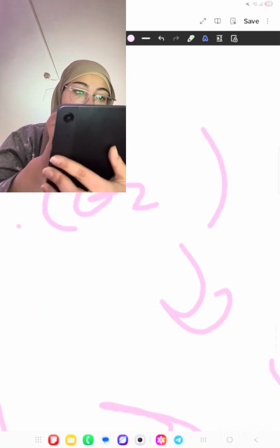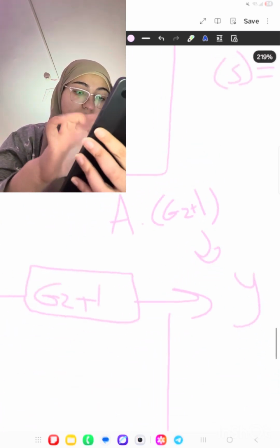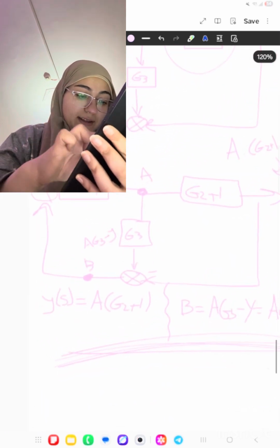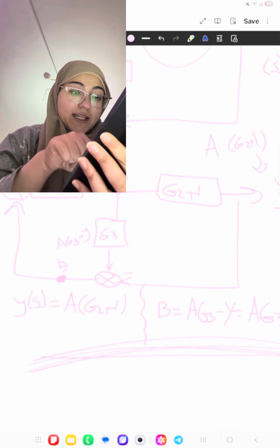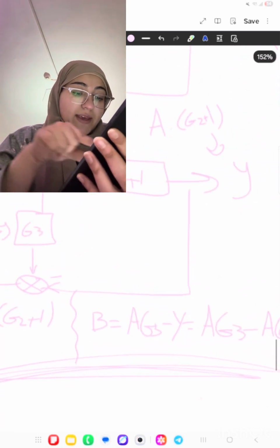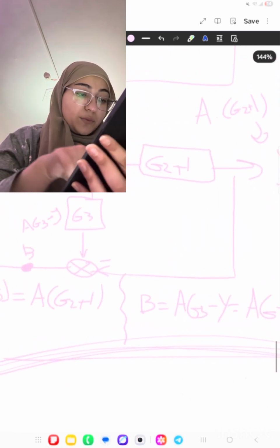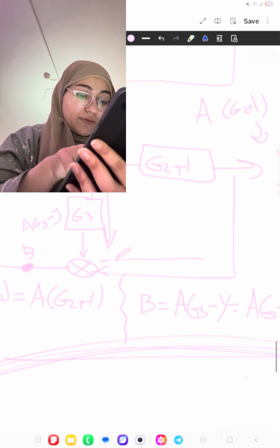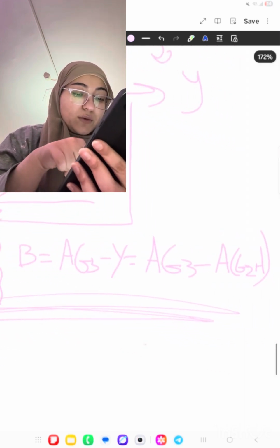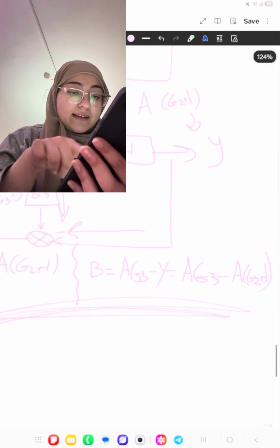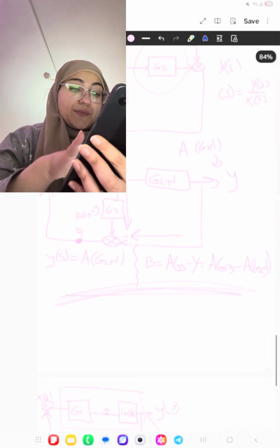So Y equals A multiplied by (G2 plus 1), and B equals A G3 minus Y, like it's coming from here and from here. So A G3 minus Y equals A G3 minus A (G2 plus 1). I just make it together.